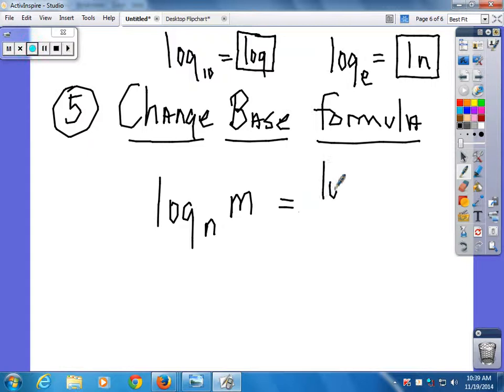And it's log base 10 or log base E, whichever one you want to use, of m over log base 10 or log base E of n. And now you can calculate this in your calculator, because this is either a 10 or an E. If you want it to be a 10, then it's LOG. If you want it to be an e, then it's natural log. You will get the same answer. Okay?